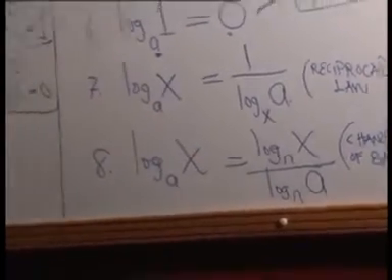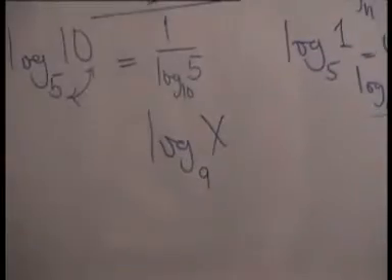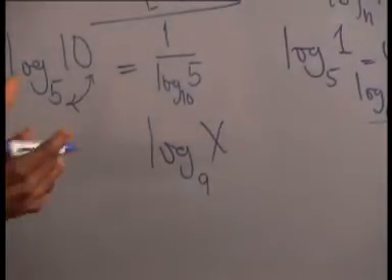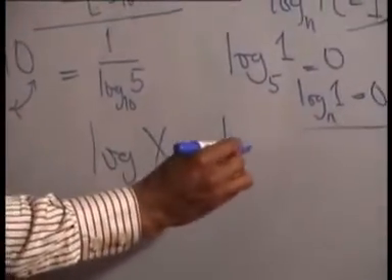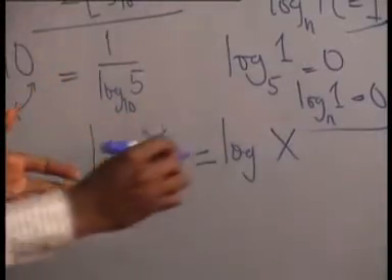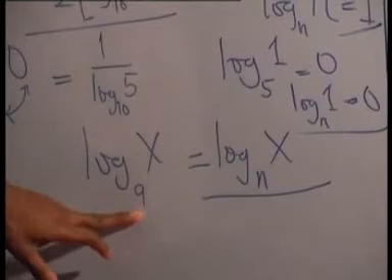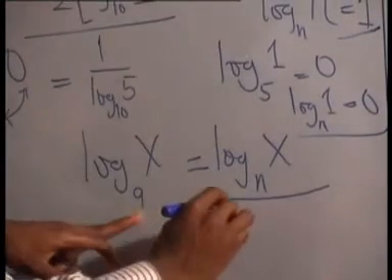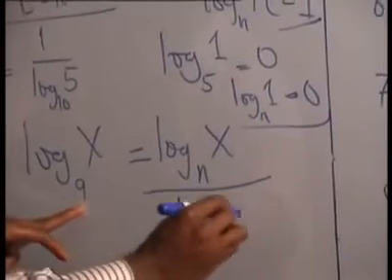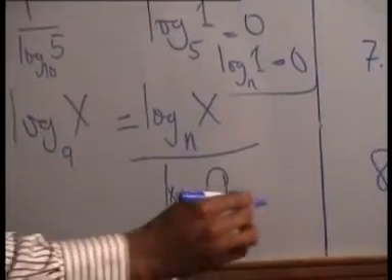In other words, if you have log x to base a, and you're introducing a new base n, the x remains. You put the new base n over the former base a, then you now put the same new base. So this one is very true.